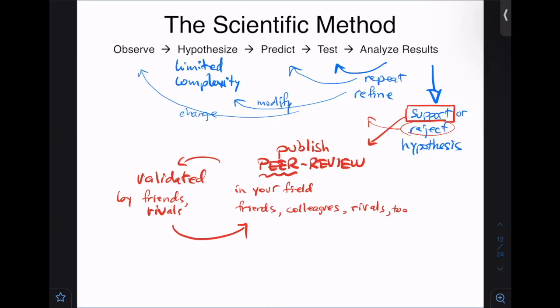Now it gets reviewed by other people. Sometimes it's the same reviewer, sometimes it's different. And this goes round and round. Now that's if it's validated. If it's refuted, then we go back to the drawing board, so to speak. Okay, but if it's validated, then it goes back into peer review, and around and around we go.